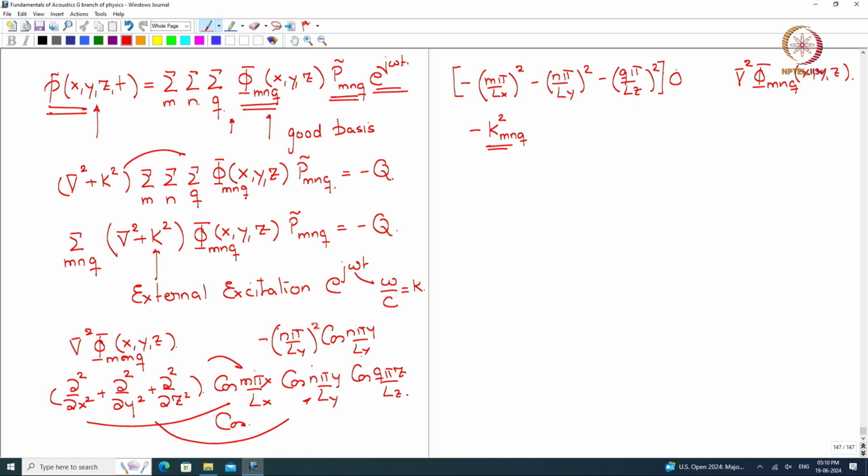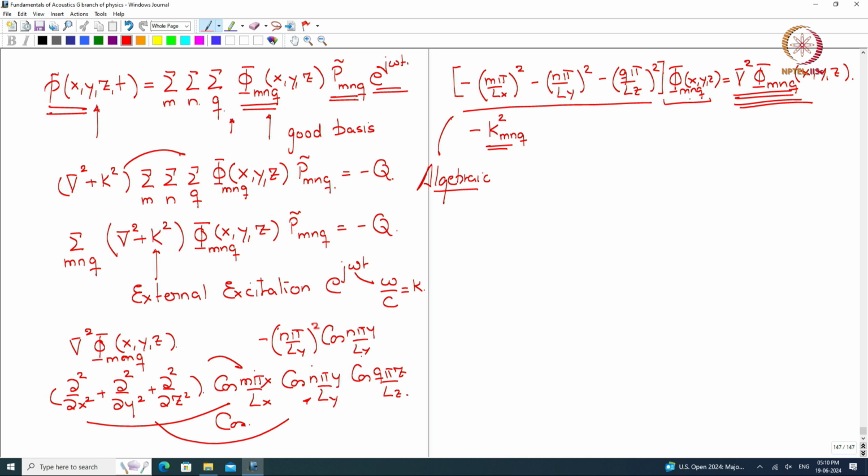Phi m and q. Okay. So, the del square operating on phi m and q gives me this, and in product phi m and q. So, this is an algebraic expression. This is an algebraic expression, whereas this is the derivative, the partial derivative on phi m and q.